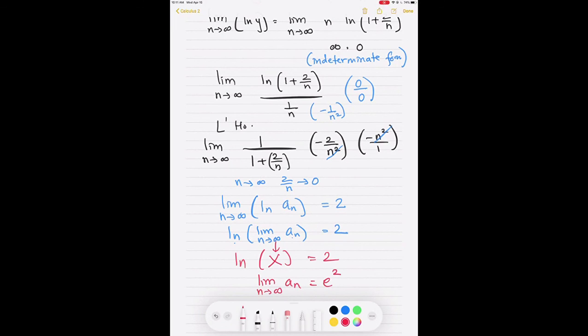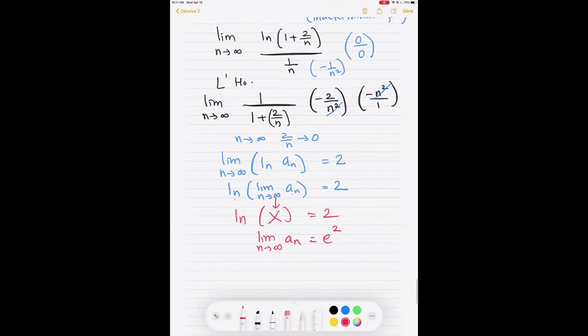You should be giggling and chuckling and smiling because we were face to face when we did this. So this sequence converges or diverges? Converges. Very good. Because the limit is a finite number, this sequence converges.